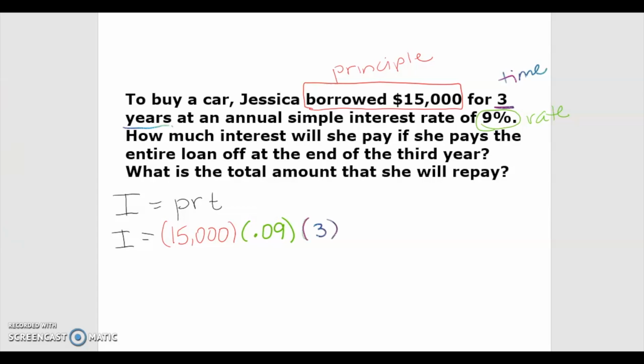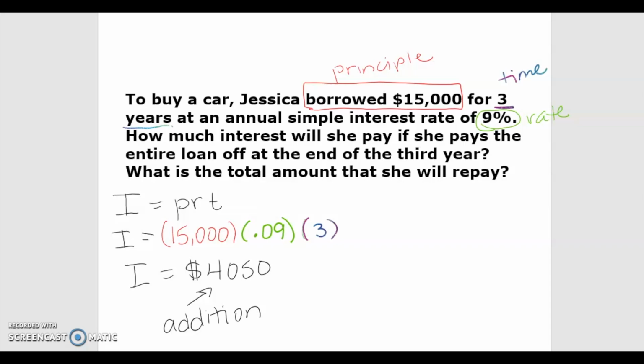So we're plugging in a 3. So now we're just going to multiply these 3 numbers together. So 15,000 times 0.09 times 3. And so we get that our interest, I, is equal to $4,050.